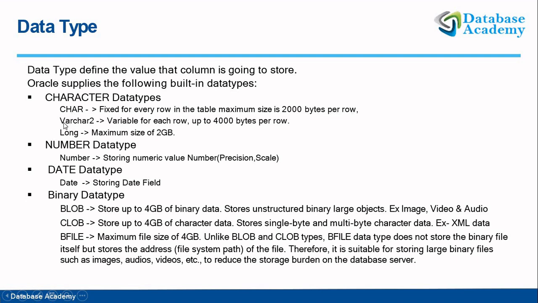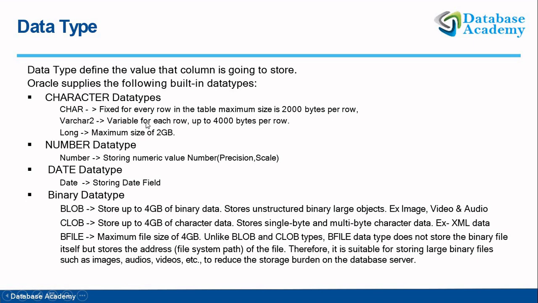But VARCHAR2 is variable length for each row, up to 4000 bytes per row. So if we are going to store a very small amount of character data, like gender, which does not take much data, we can use the CHAR data type.